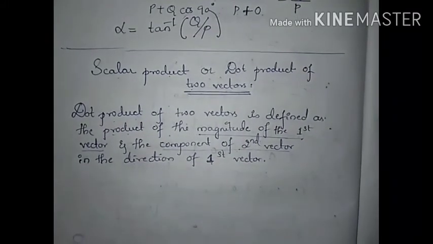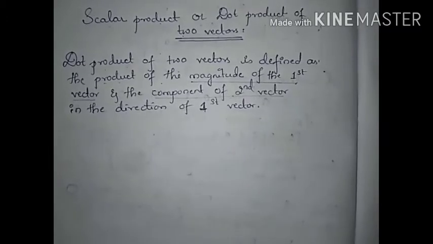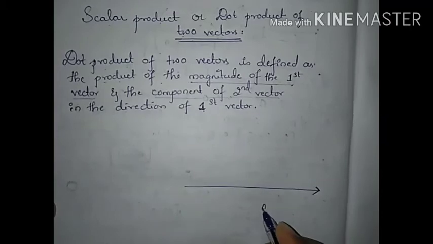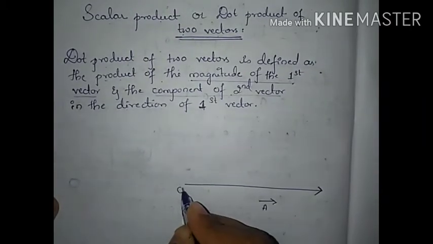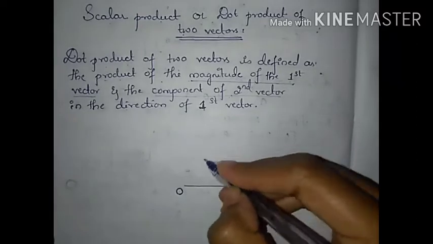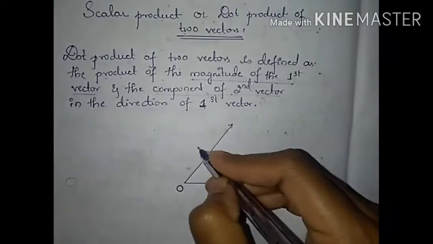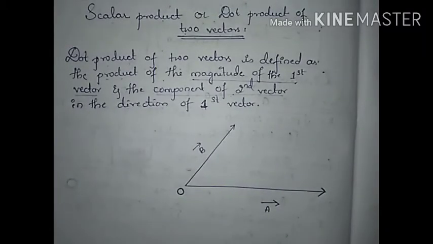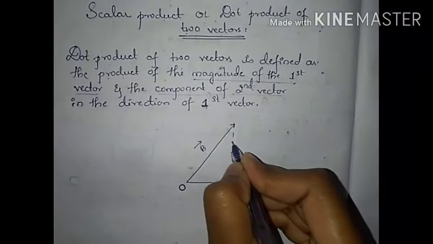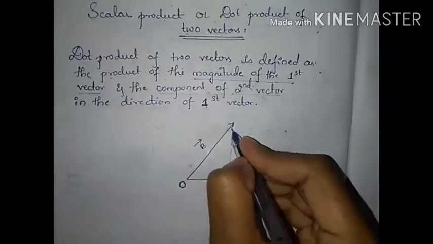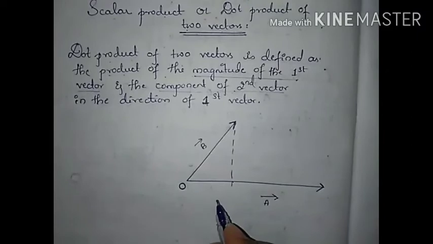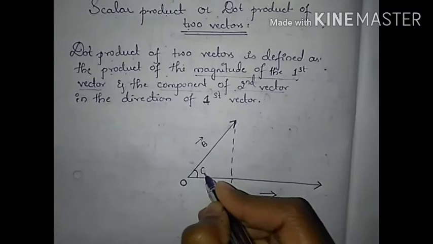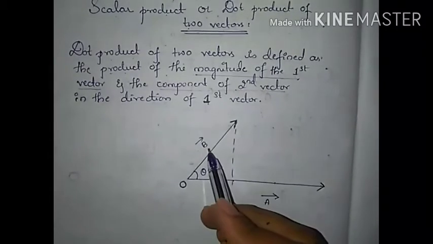So now for that, let us have the vectors A and B. You have vector A which starts from the origin, and you have vector B, which again starts from the origin. If you draw the perpendicular line from the head of the B vector, this line intersects the vector A, and there is an angle theta between vector A and vector B.